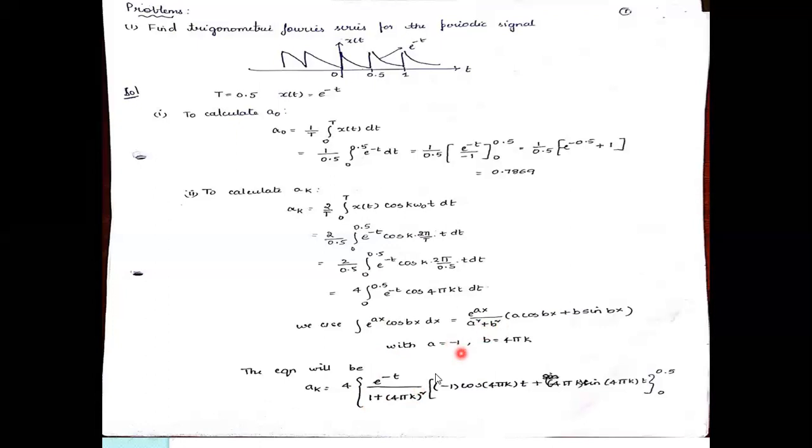A square is minus 1 whole square, b is 4 pi k whole square. And a is minus 1 cos bx, 4 pi k into t, b is 4 pi k and sin 4 pi k into t, because its x value is t, and the limits are 0.5 and 0.